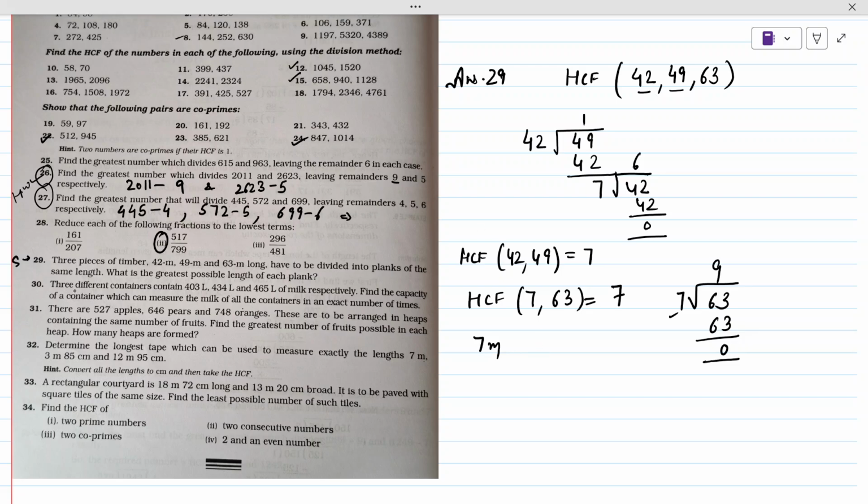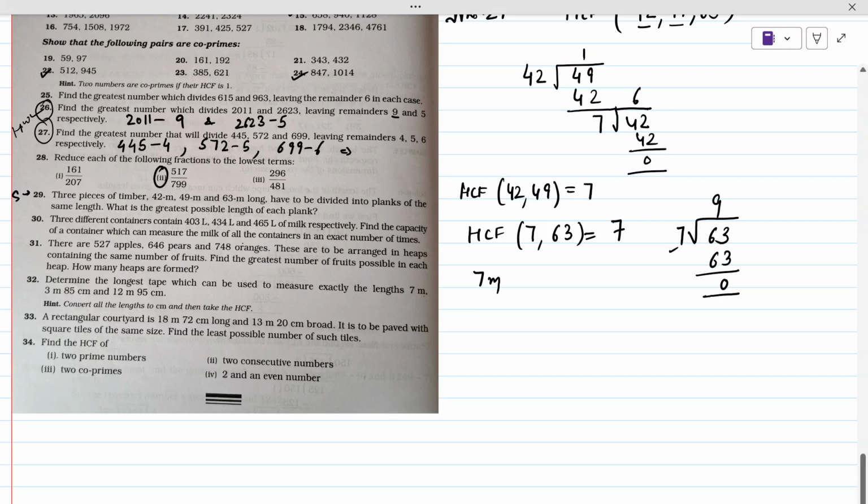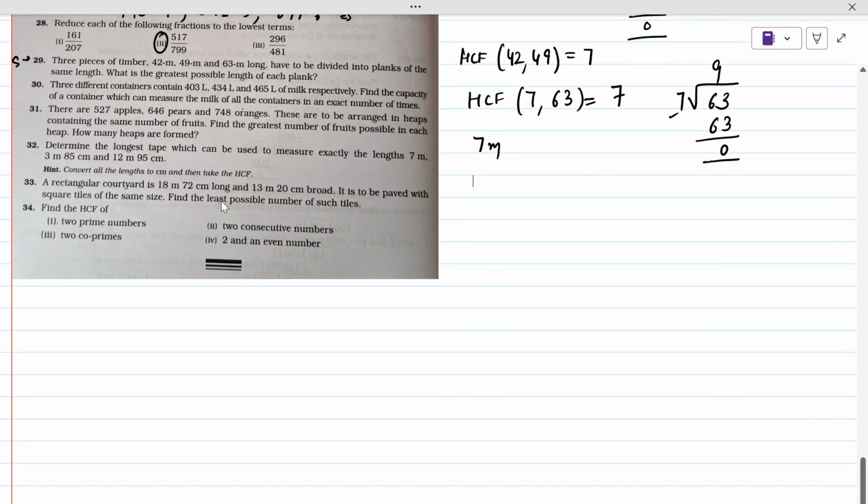Next question. 3 different containers contain 403 liter, 434 liter and 465 liter of milk. Now, find the capacity of a container which can measure the milk of all the containers in the exact number of times. So, again, we have to find their greatest common factor. This I am leaving as homework, kids.